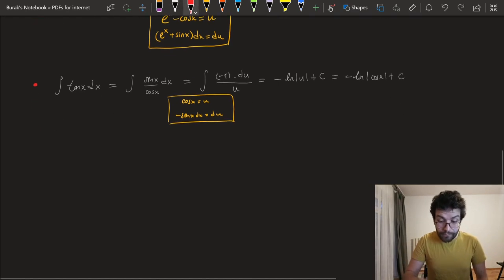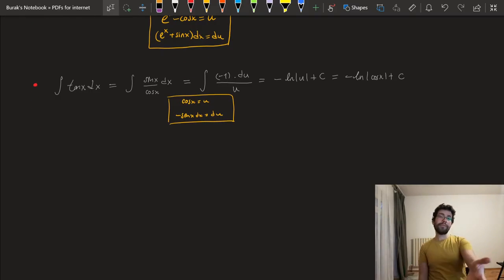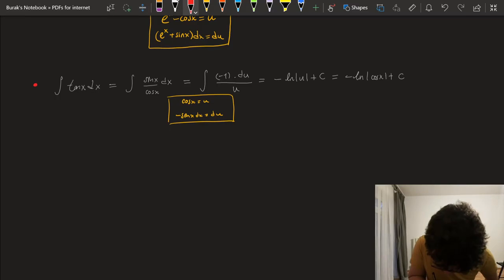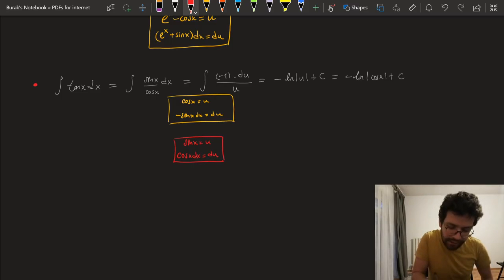Now, you could object to this and say that the derivative of sine is cosine, and I see that in the integrand as well. Why don't I try to use that? Because it's not going to work. You see, if you try to use this substitution, sine of x equals u, then cosine of x dx is du. You see the derivative of sine in the integrand, but it's in the denominator.